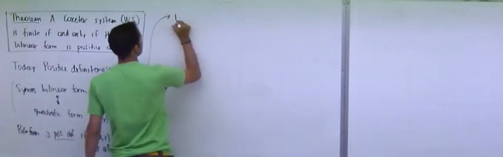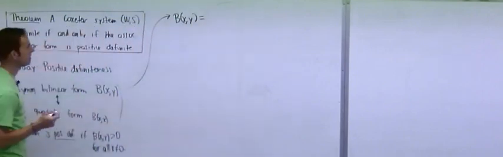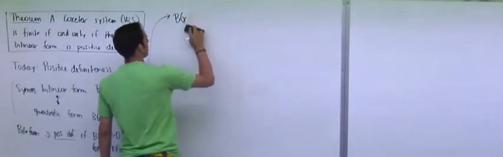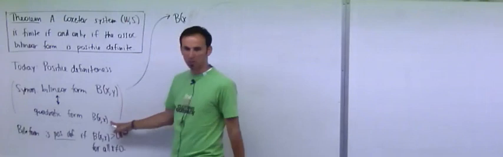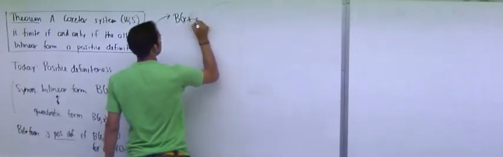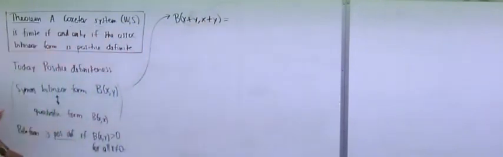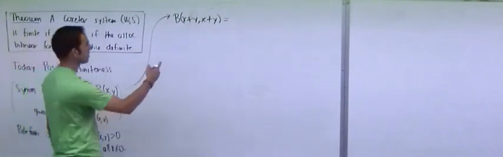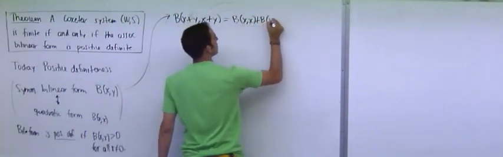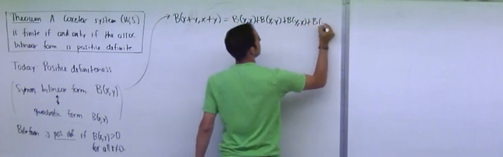And it's very simple, actually. How does this work? Well, if you would like to know what b of x, y is, I claim that what you have to do is the following. Assuming that you know b of something, comma, that same thing, you compute b of x plus y, x plus y. This is bilinear, so that means that this is equal to b of xx plus b of xy plus b of yx plus b of yy.